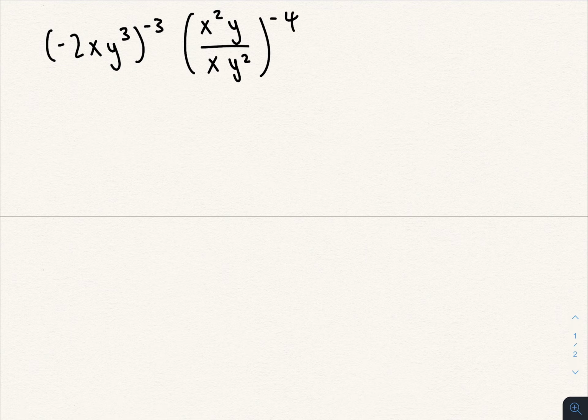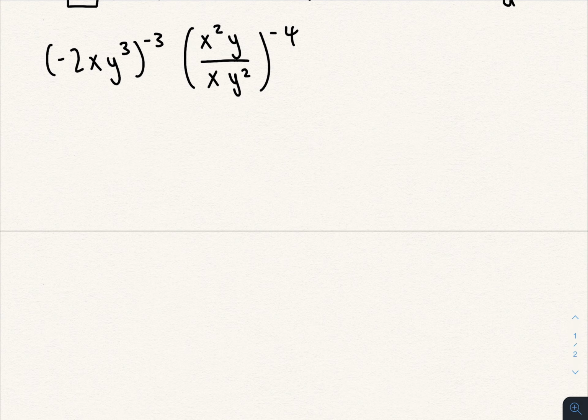Okay. So I think the first thing I'm going to do is get rid of the negative exponents. So let's rewrite this as 1 over negative 2xy to the power of 3, to the power of positive 3, times.